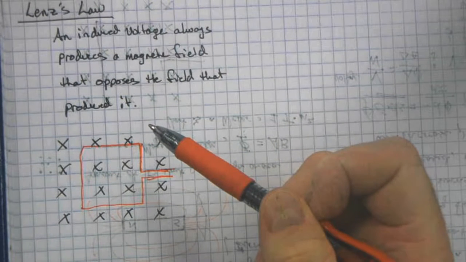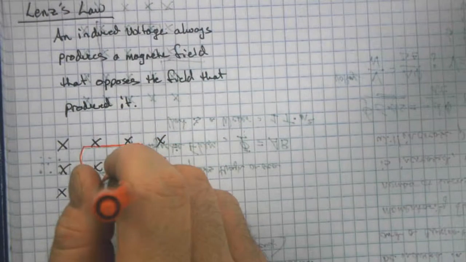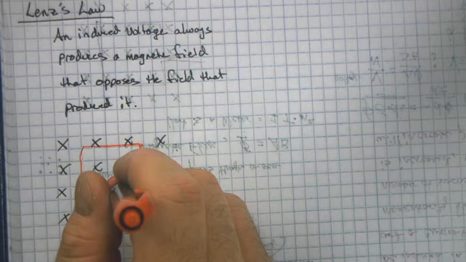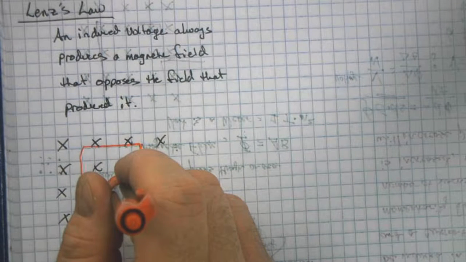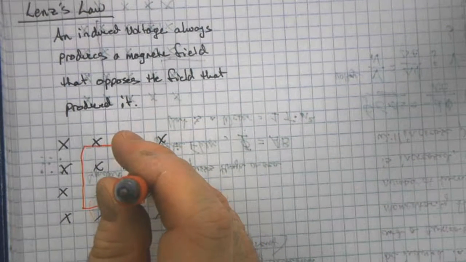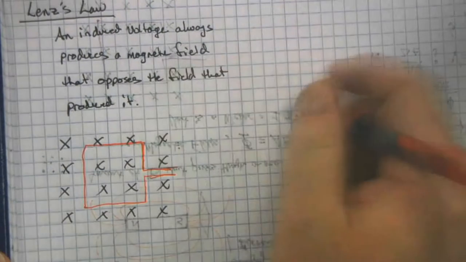So think about that. Our field is going this way, into the page. If we decrease it, that means the direction of change is actually in what direction? It would be up, right? So think about a number line.